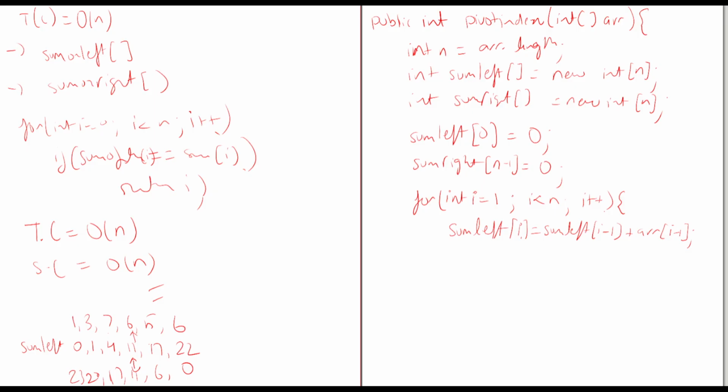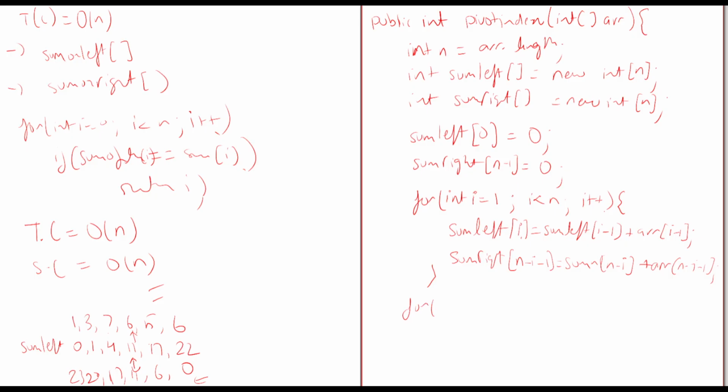So we are doing this, so क्योंकि सम राइट हमारा राइट से सम लेना स्टार्ट कर रहे हैं, तो sum right n minus i minus 1 is equal to sum right n minus i minus 1 हटा देंगे because in the case of sum right we are taking the element on the right side into the consideration, so i minus, okay, we'll have to remove this, plus array n minus i minus 1, right, and done.